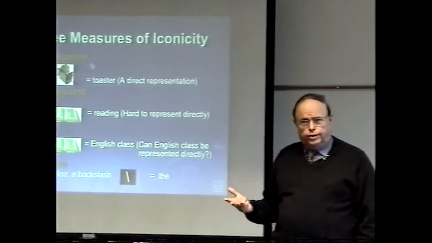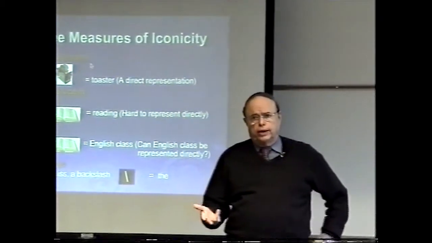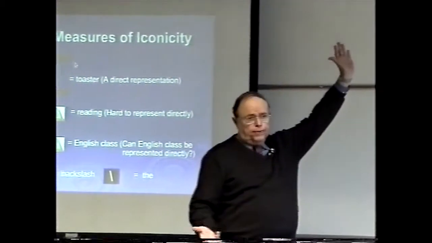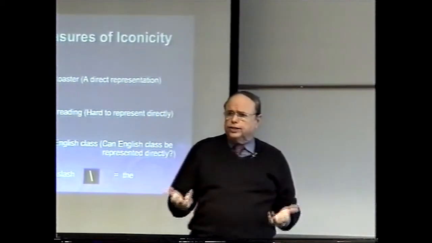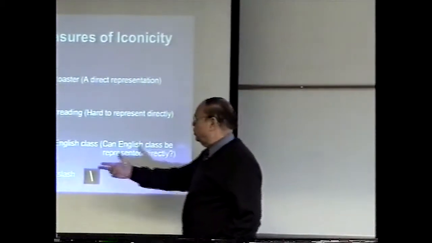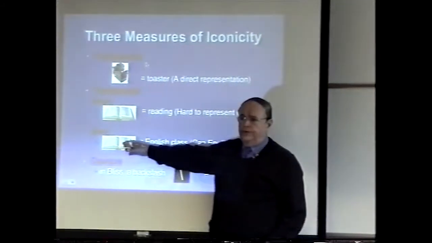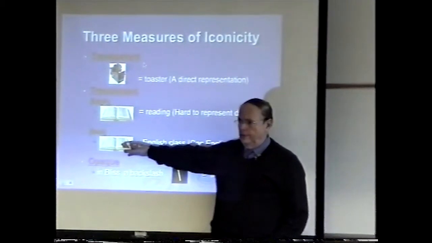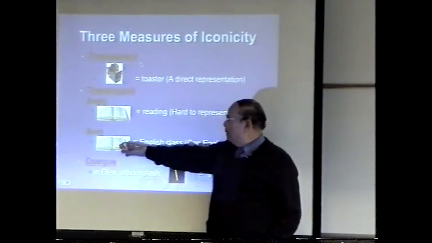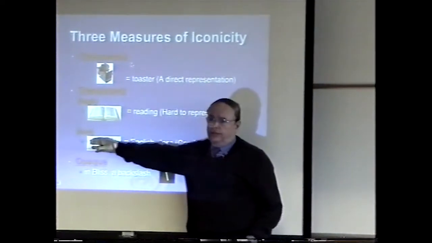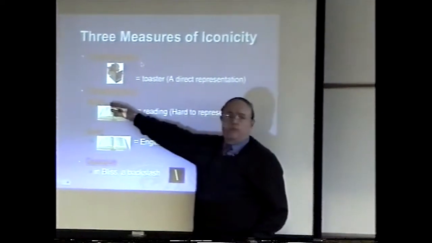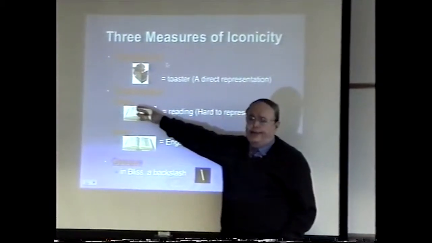Now that gets harder. What are you going to have? A picture of someone talking with a statue of Shakespeare above? English class is going to be hard, and you could use an open book to show literature. You see what I mean here? You could use an open book, but this would be relatively low translucency, and this would be more high translucency.